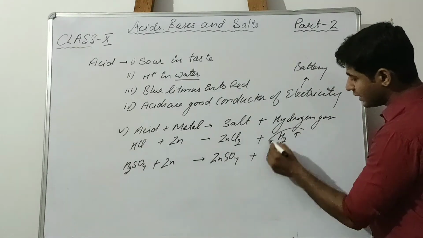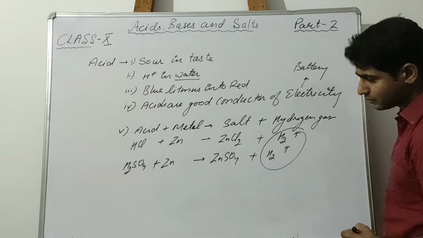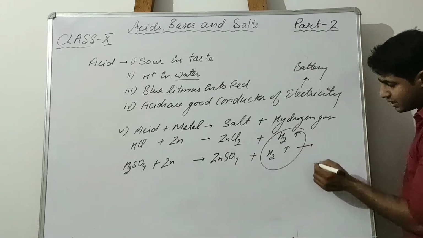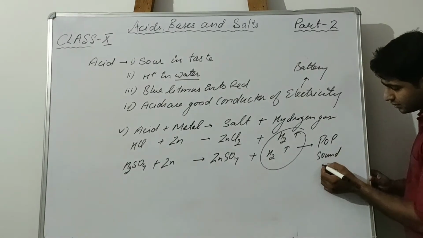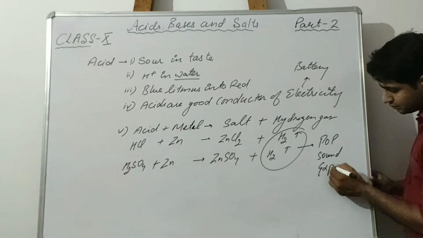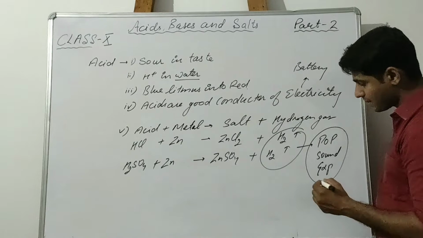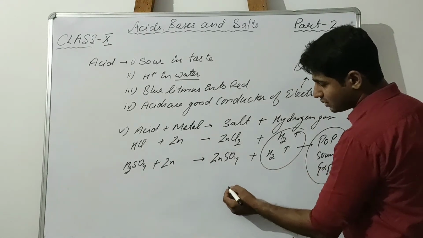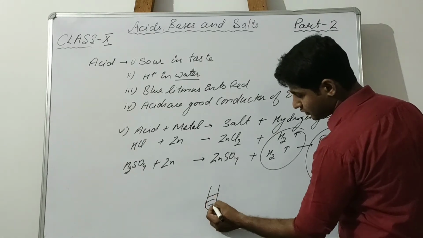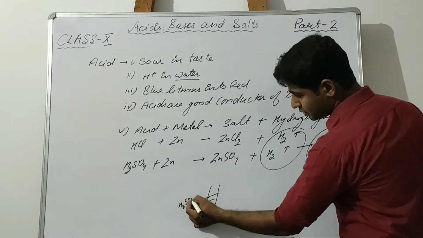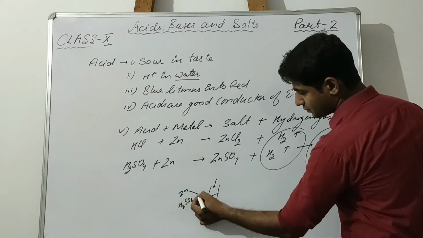Now, how to find out that hydrogen gas is evolved during this reaction? For this, we have one experiment known as the pop sound experiment. Suppose we have a test tube in which we have taken sulfuric acid and we put zinc.